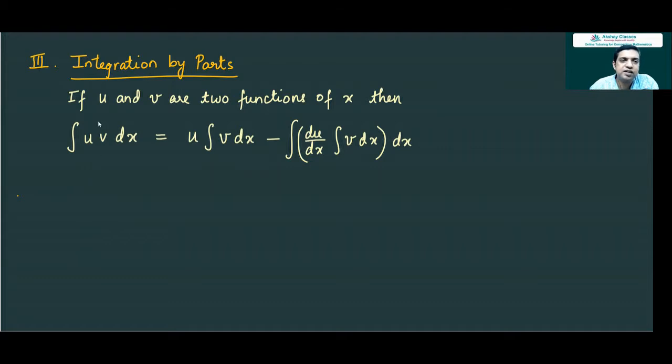u is called the first function, v is the second function.